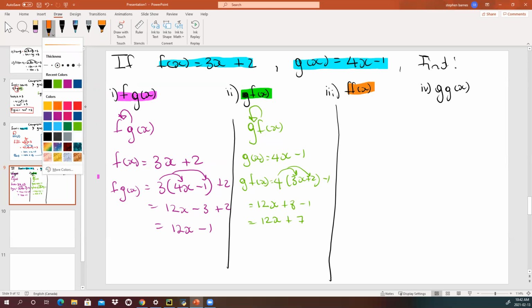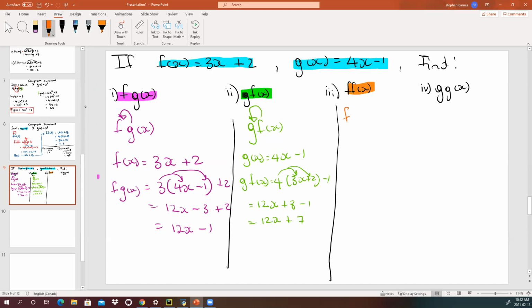f of f. So let's put down our first f function. f of x is equal to 3x plus 2. So we're going to now put another f function into it. So anywhere we see x, we put another f function.